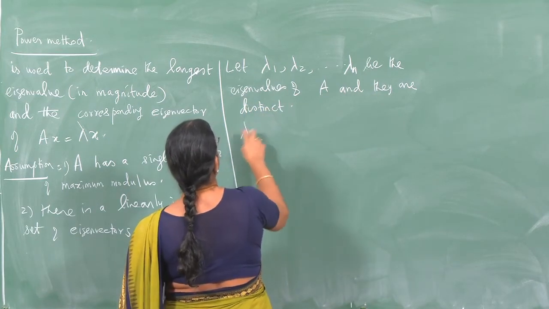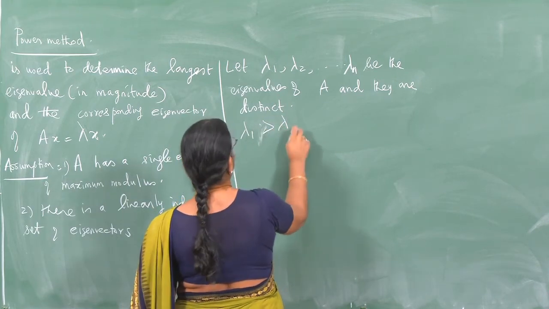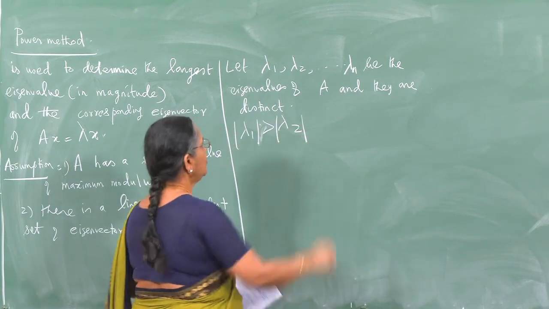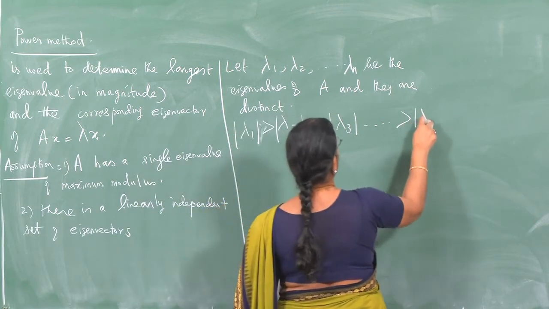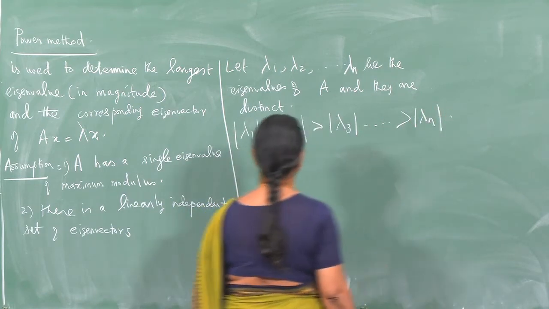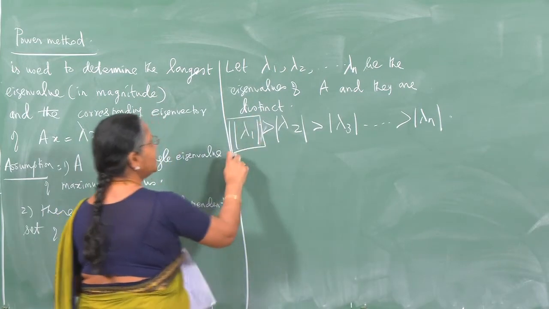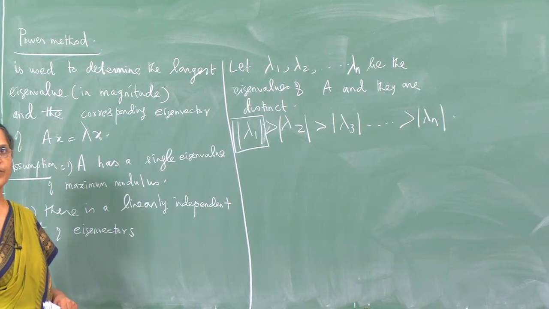And mod lambda 1 is greater than mod lambda 2, which is greater than mod lambda 3 and so on, greater than mod lambda n. So, lambda 1 is the most dominant eigenvalue in magnitude.